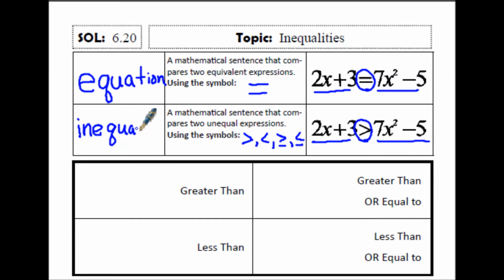So it's saying that one expression is bigger than the other expressions, or it's not equal. The in is a prefix that means not. So this is how you remember the difference between an equation and an inequality.